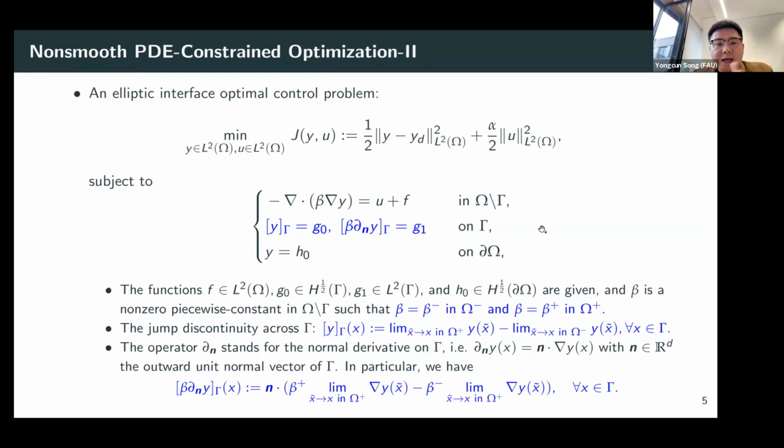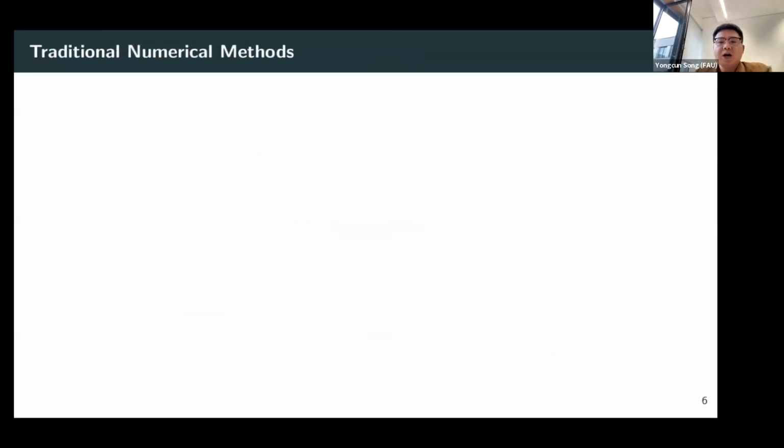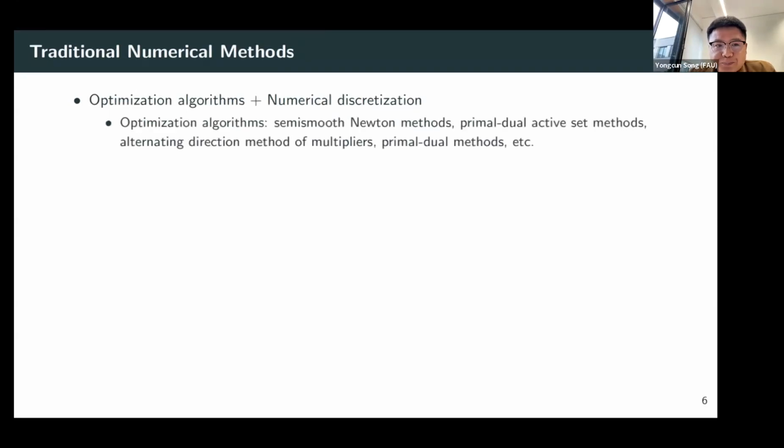In the following discussions, we will focus on these two types of non-smooth PDE-constrained optimization, and we would like to design some PINN algorithms for solving these two kinds of problems. Of course, for solving non-smooth PDE-constrained optimization, there are numerical methods developed in the literature, all featured by optimization algorithms plus numerical discretization.